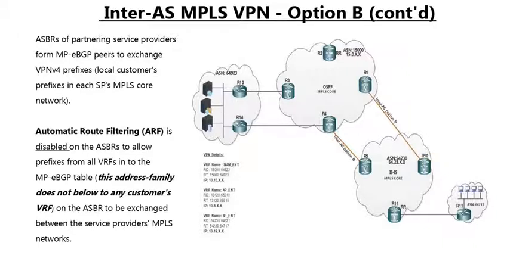As I was saying, MP-BGP is that protocol that allows your ASBR to communicate with the PEs and the route reflector in this case. Also, option B comes into play when you disable this VRF feature and pair with the remote service provider ASBR.